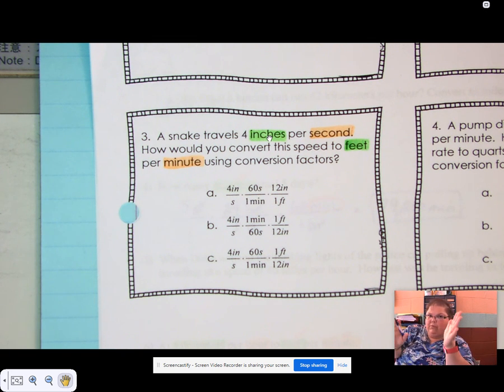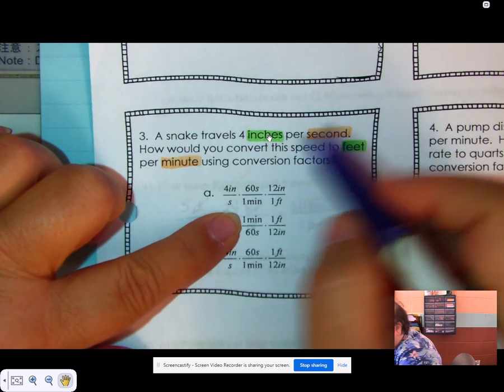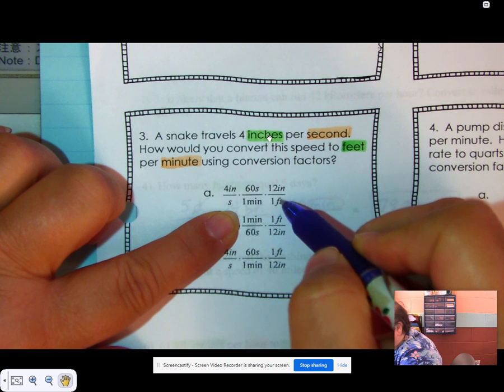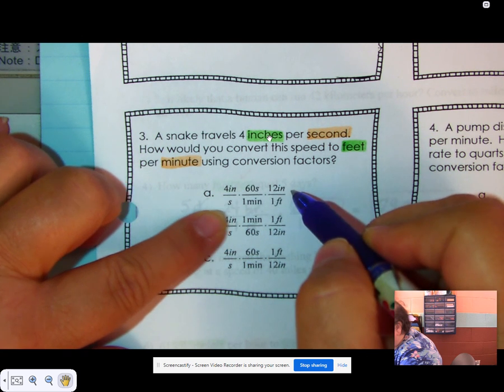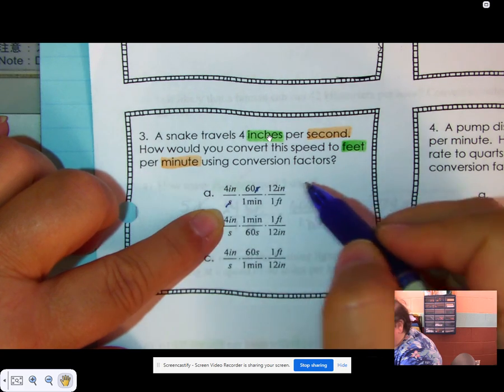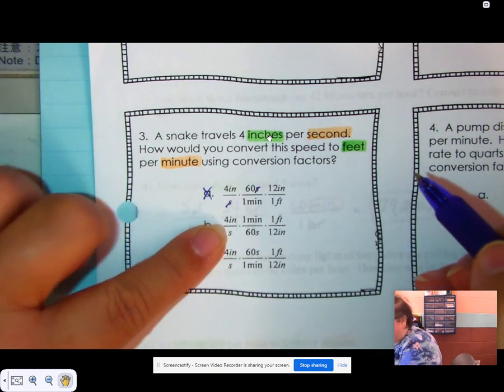The measurements are correct. What you're looking for is, can I cancel the measurements? Okay, so here we go. In A, if inches are on the top, inches have to be on the bottom. Is that correct? Can you cancel inches? You can cancel seconds, but you can't cancel the inches. So A cannot be the answer.